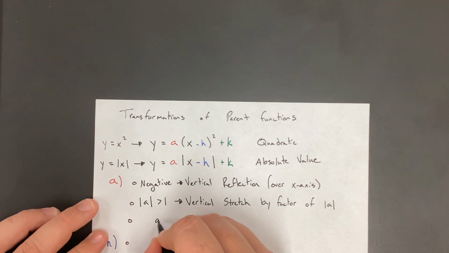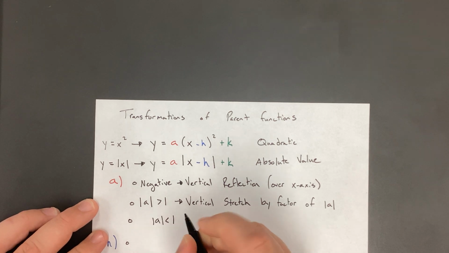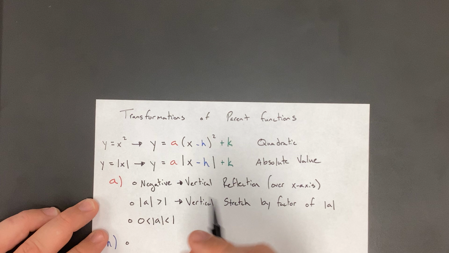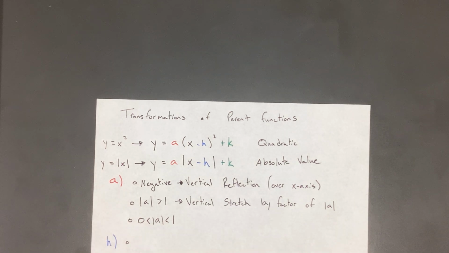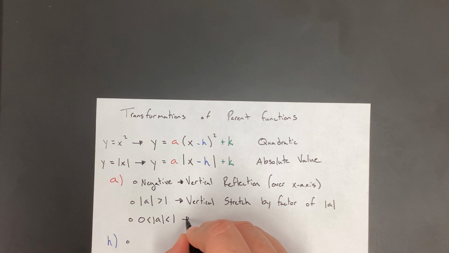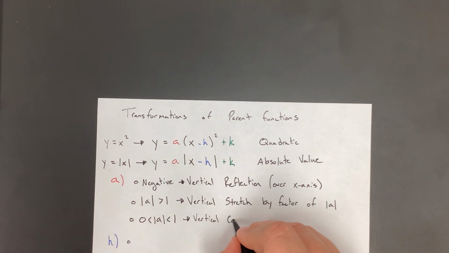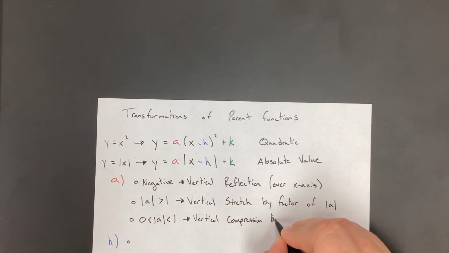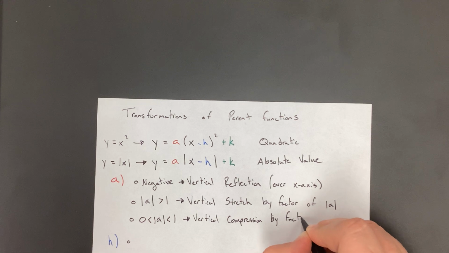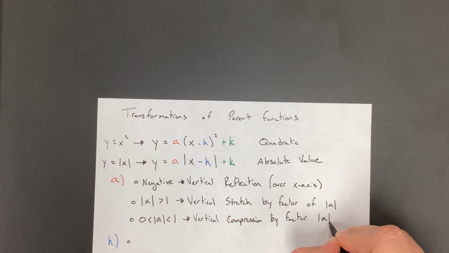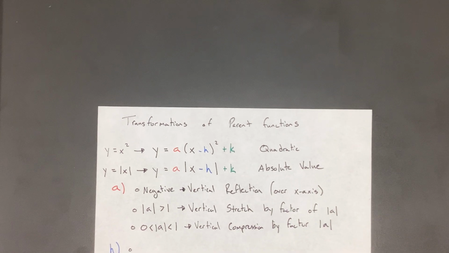If the absolute value of a is less than 1, and I'm going to clarify greater than 0, so it's usually going to be a fraction between 0 and 1, then we are going to have a vertical compression by a factor of the absolute value of a.